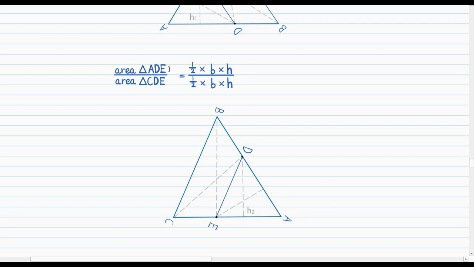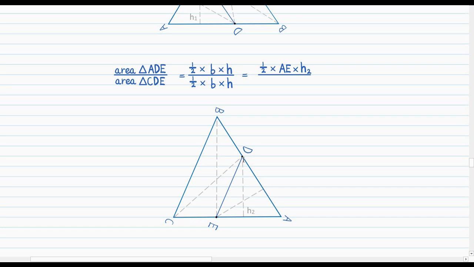So for triangle ADE, this time we can calculate its area by saying half times base AE times height H2. Then for triangle CDE, we can determine the area by saying half times the base of CE times the height, meaning perpendicular height, H2, since this line and the line upon which the point D falls are parallel to each other.